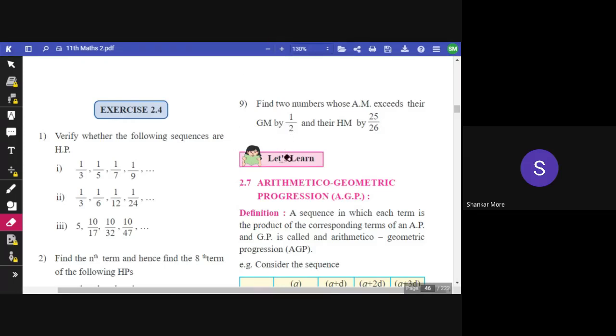Sankalp, you try the next one. Try all of you. Exercise 2.4. A is equal to 3.